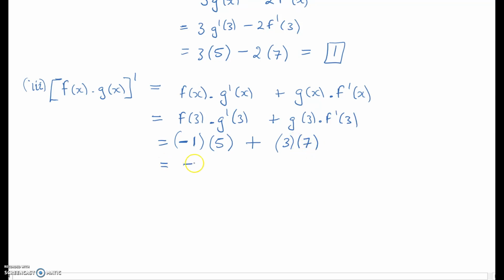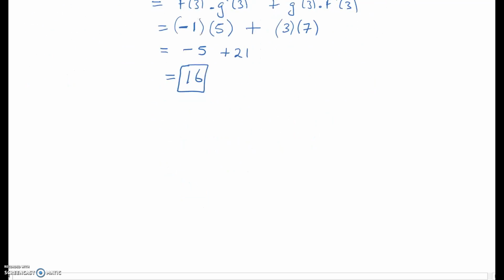So that becomes negative 5 plus 21, so that's equal to 21 minus 5 is 16. So the derivative of f of x times g of x when x is equal to 3 is equal to 16.